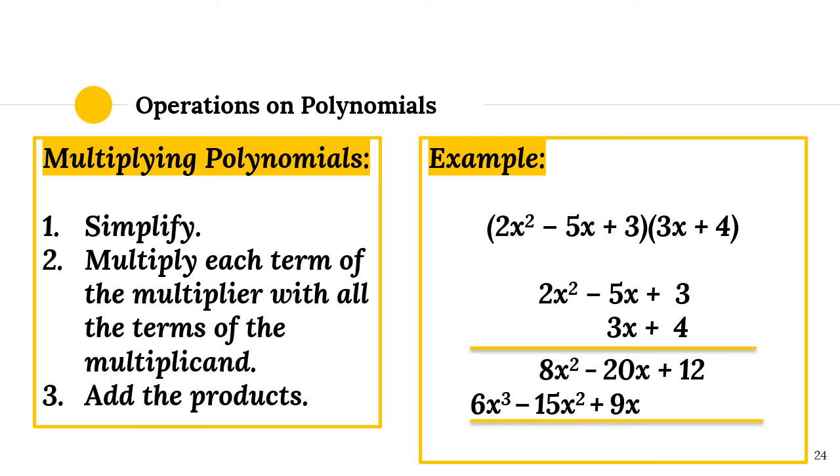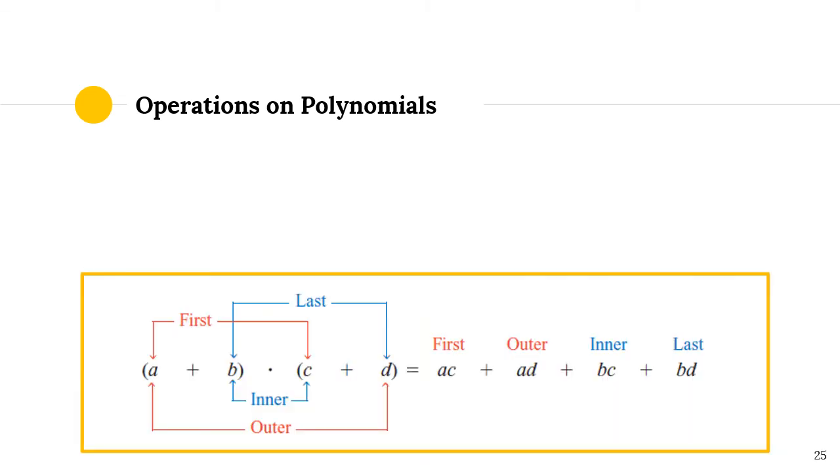Let's put a line in here and add. We have 12. Negative 20 plus 9 is negative 11. 8 minus 15 is negative 7 and 6x cubed. So that's it for multiplying polynomials.